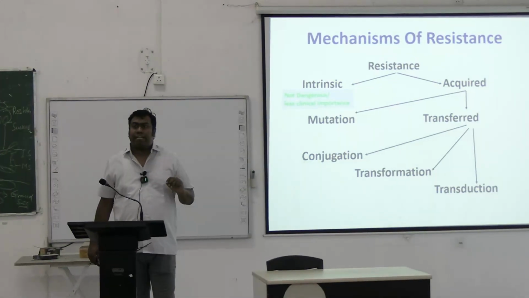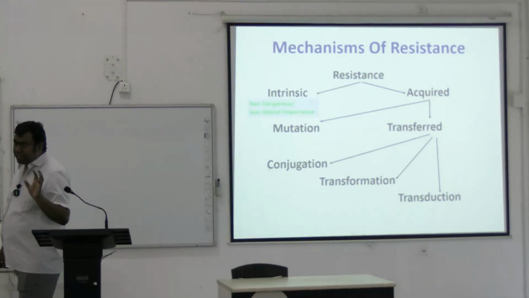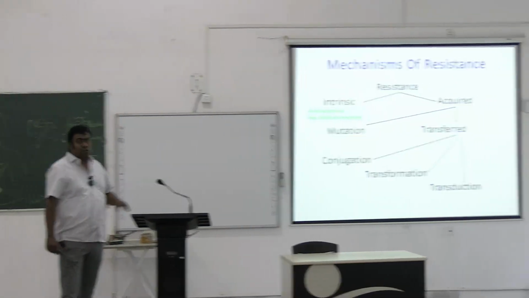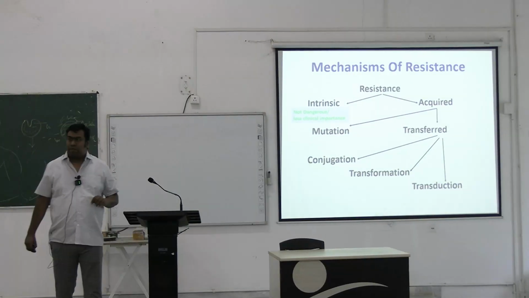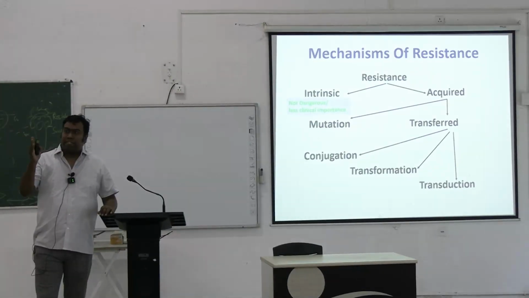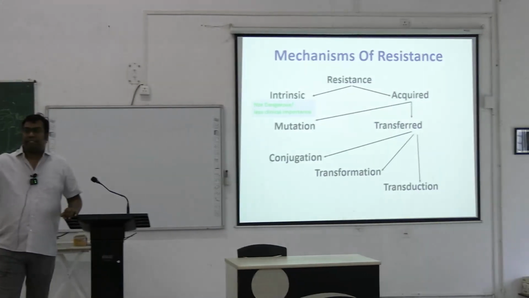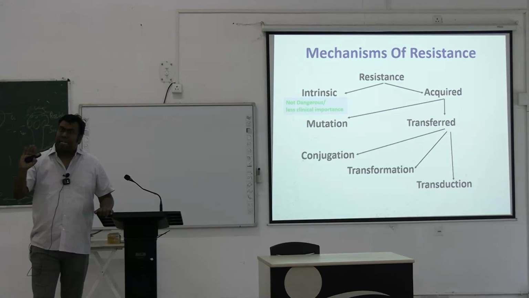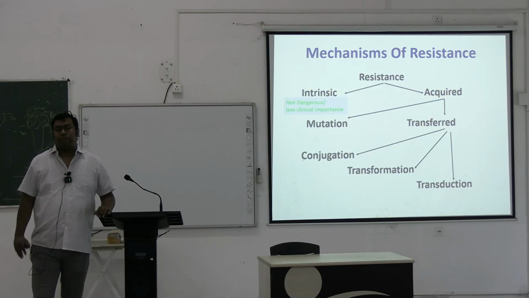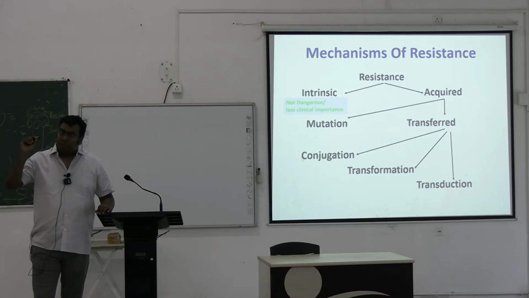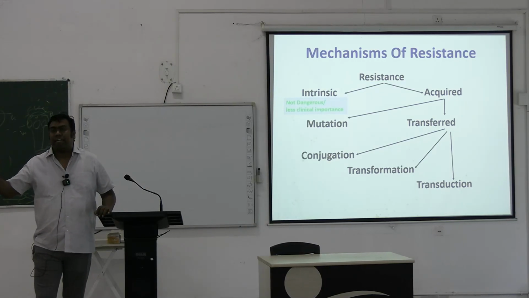And they develop resistance against it. So which one is clinically important, inherited or acquired? You know this drug is not effective against this bacteria, so that is clinically insignificant because you know it. But drug A can be effective against bacteria X. You use this drug, but it develops resistance, so its action is not proper and the patient deteriorates.